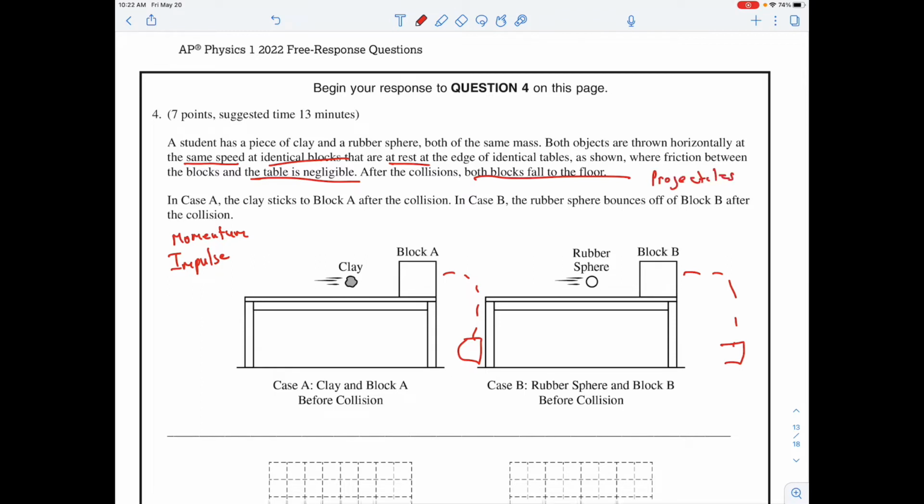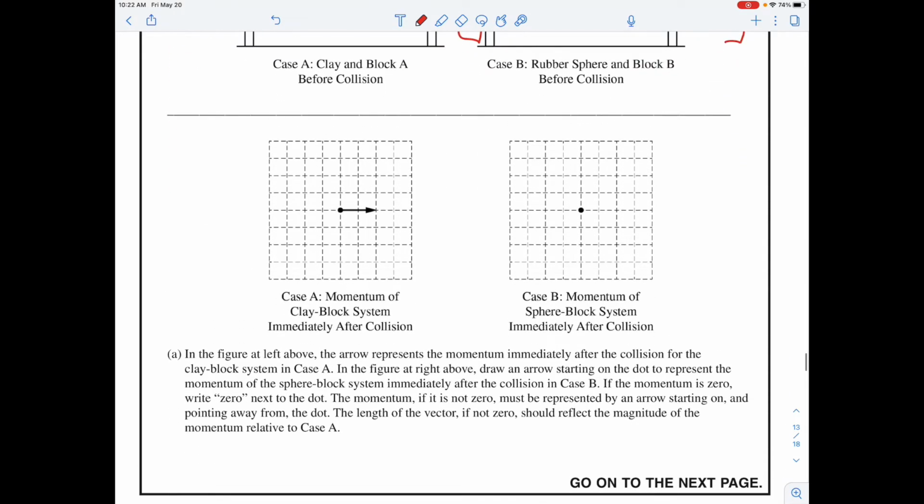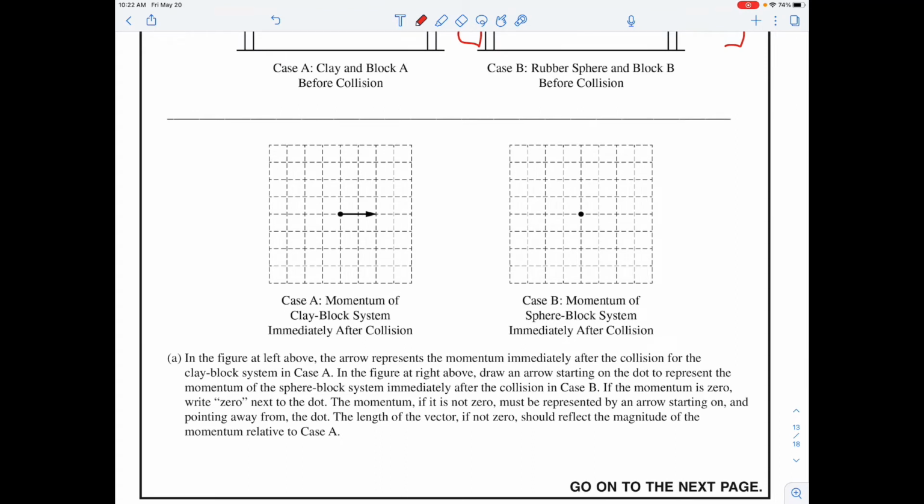Okay, cool. In case A, the clay sticks to the block after the collision. In case B, the rubber ball bounces off the block after the collision. In the figure at the left above, the arrow represents the momentum immediately after the collision for the clay block system in case A. In the figure at right, draw an arrow starting on the dot to represent the momentum of the sphere block system immediately after the collision in case B. If the momentum is zero, write 0 next to the dot.